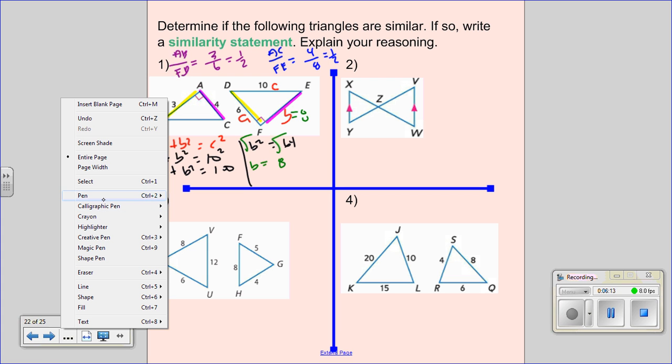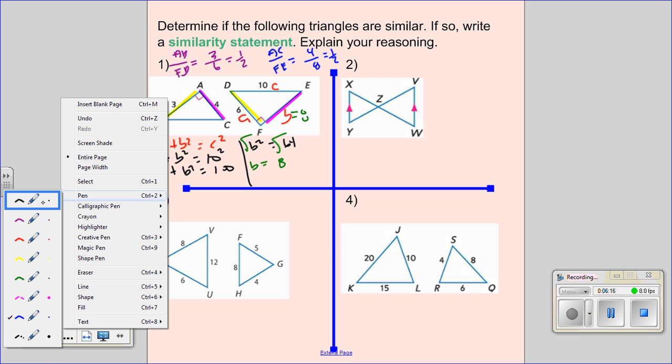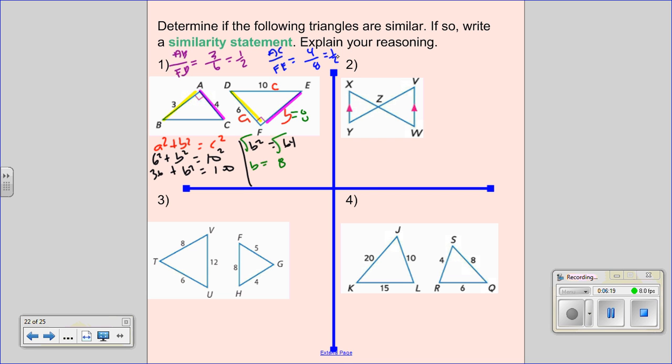I'm running out of space, unfortunately, so I will write it over here. The similarity statement for number 1 would be triangle ABC is similar to triangle FDE. Remember, you've got to match up the corresponding angles, so be careful with that. And our reason that these two are similar is by the side angle side postulate, or I'm sorry, theorem.